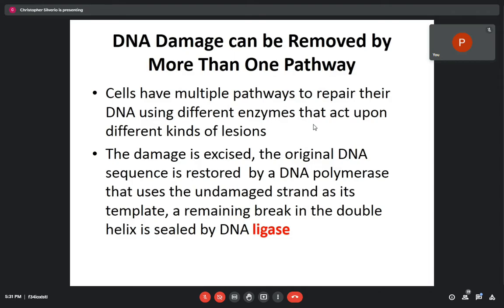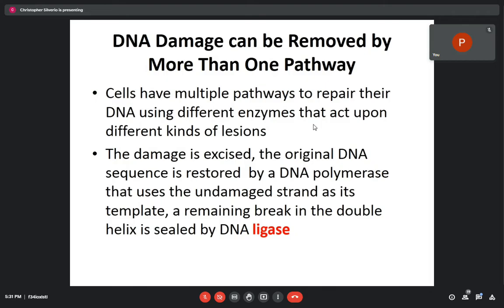So now the DNA could be repaired. The damaged DNA can be removed by more than one pathway. Usually the cells have multiple pathways to repair their DNA using different enzymes that act upon different kinds of lesions.